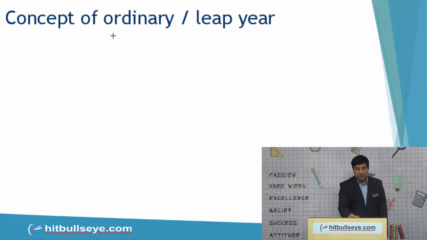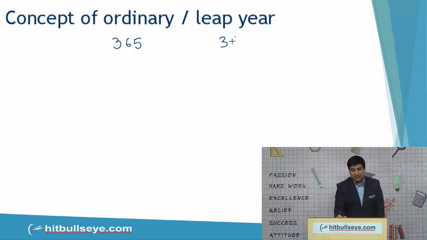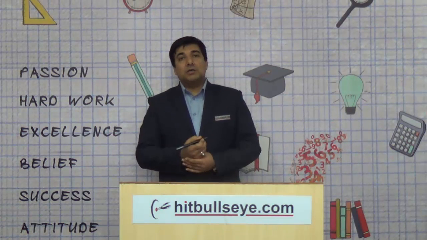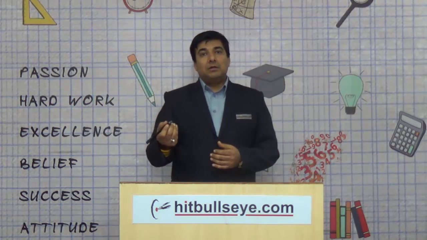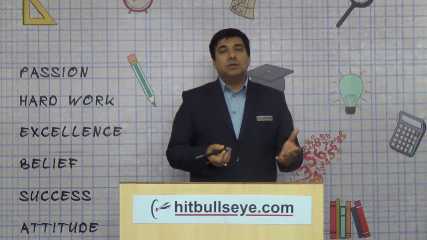In an ordinary year, we know that there are 365 days, and in a leap year, we have 366 days. A leap year generally occurs after 4 years. So we say that a year which is divisible by 4 becomes a leap year.